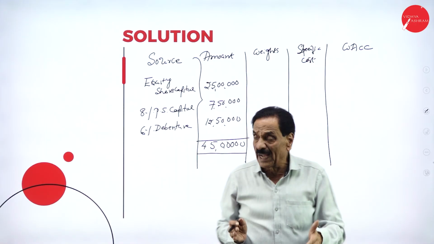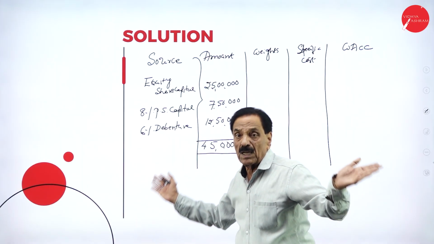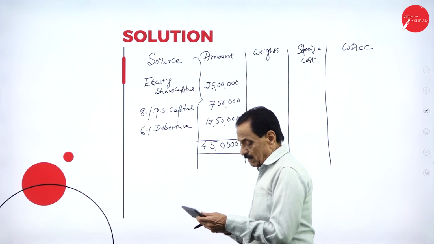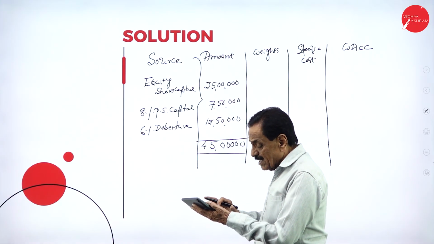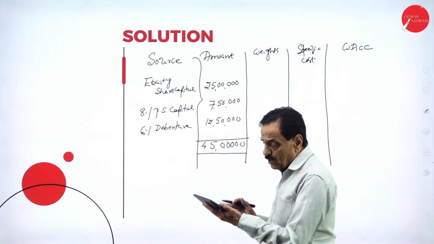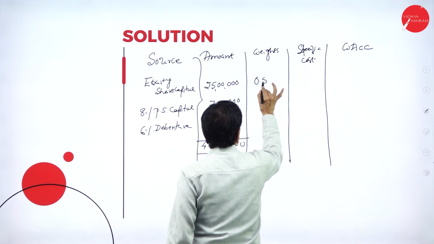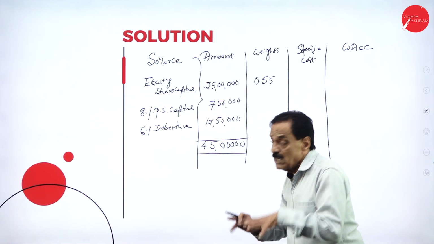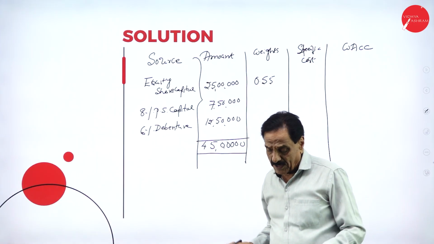Here in the 45 lakh, that we have to calculate. 25 divided by 45 is equal to 0.55. So it occupies about 55% of capital. Equity share capital will occupy 55% of their capital structure.